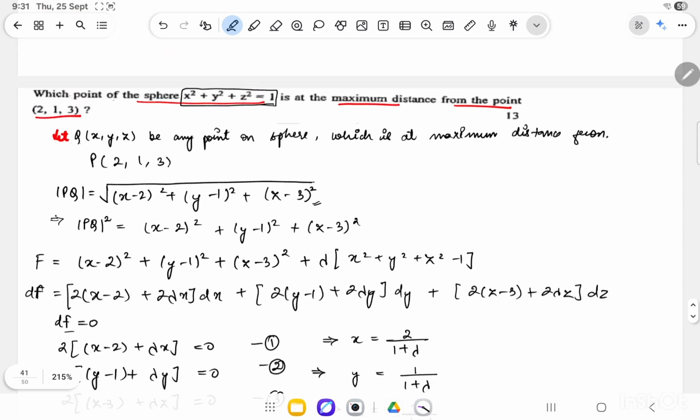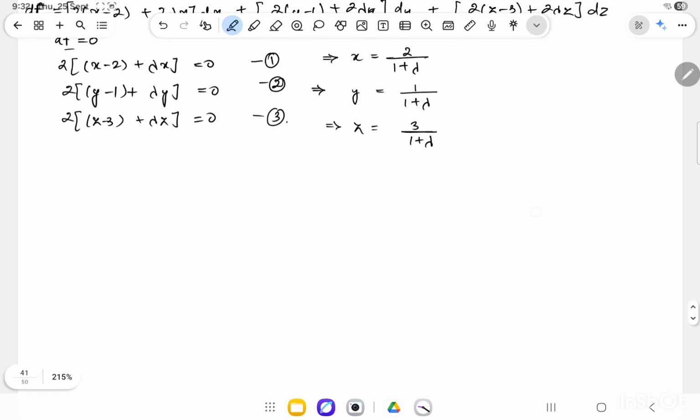Now we already have a condition on x, y and z, that is x square plus y square plus z square equals 1. If I substitute these parametric values of x, y, z, that will help me solve for lambda. It gives me 2 square plus 1 square plus 3 square equals (1 plus lambda) square.